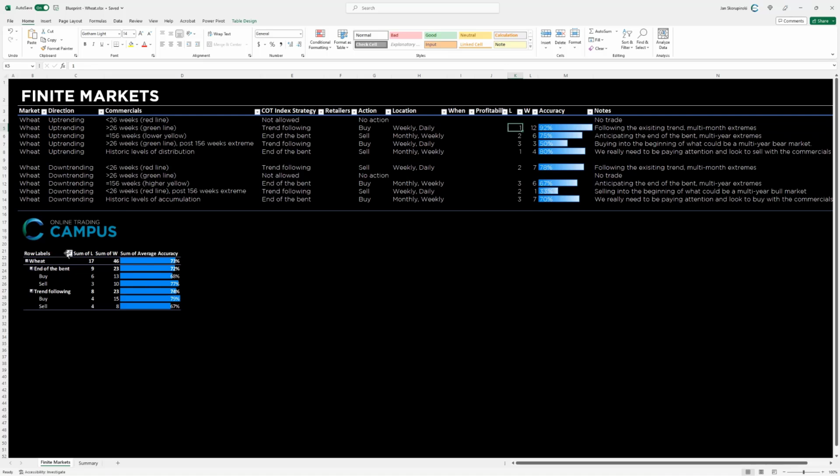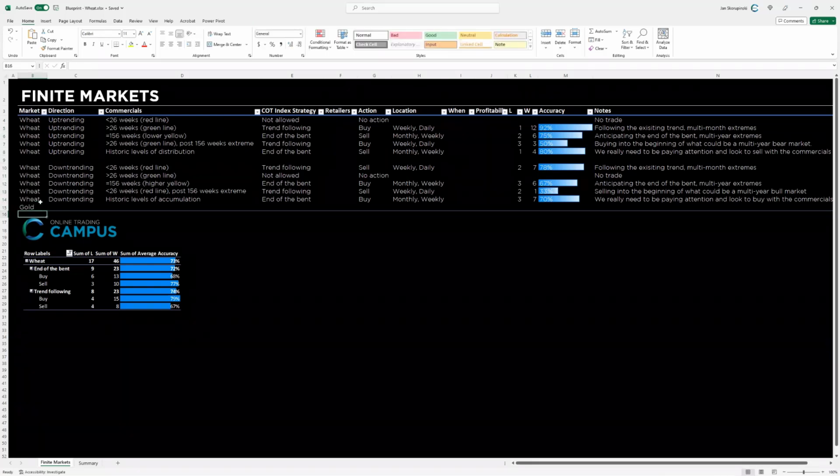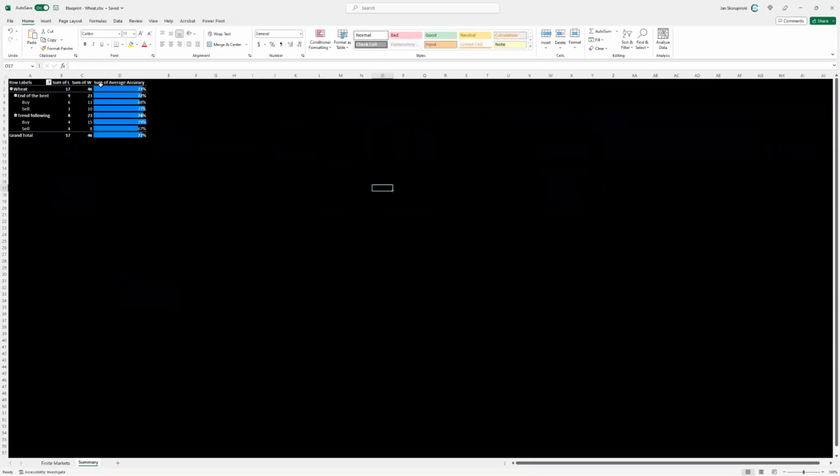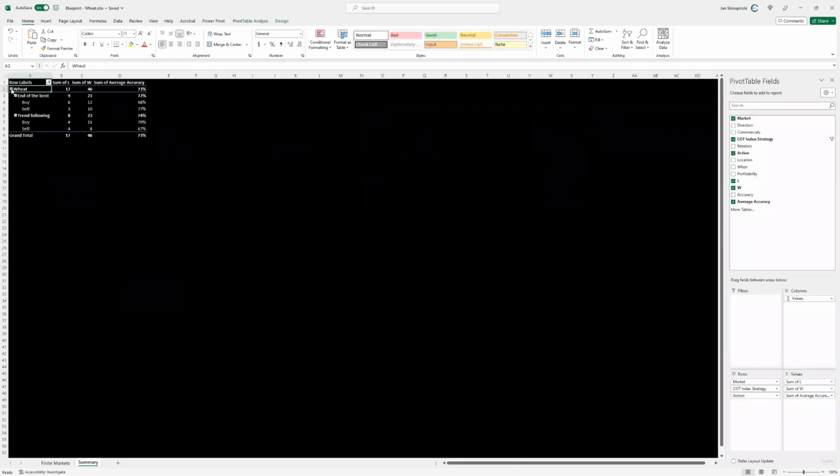And what's going to be interesting later on down the road is if you were to populate this as we go, and then you would add gold and gold and so on and so forth, eventually you could create a pivot table. In that pivot table, you could say, well, I want to see wheat, I want to see gold, or you don't want to have the market split.